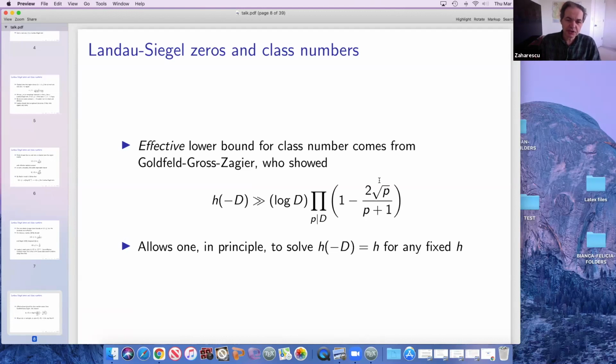The combination of their work is that h of minus D is larger than a constant times log D times a product over primes dividing D. In principle this solves the class number 1 problem that was solved earlier, but it solves the class number problem in general. If you fix an h, like 5 or 7 or 10, this allows us, in principle, to find all the imaginary quadratic fields with that given class number h.